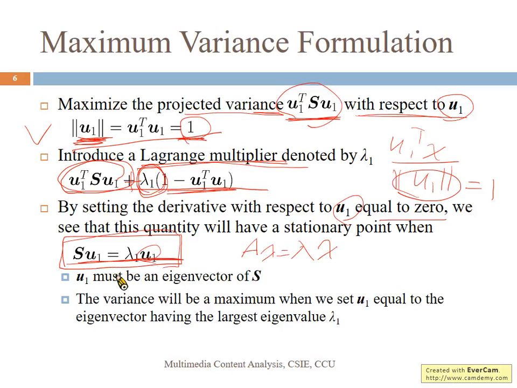So similarly, U1 here must be an eigenvector of S. And the variance will be maximized if we set U1 equal to the eigenvector having the largest eigenvalue, lambda 1. So if we set U1 as the eigenvector having the largest eigenvalue, we can get the maximum variance.